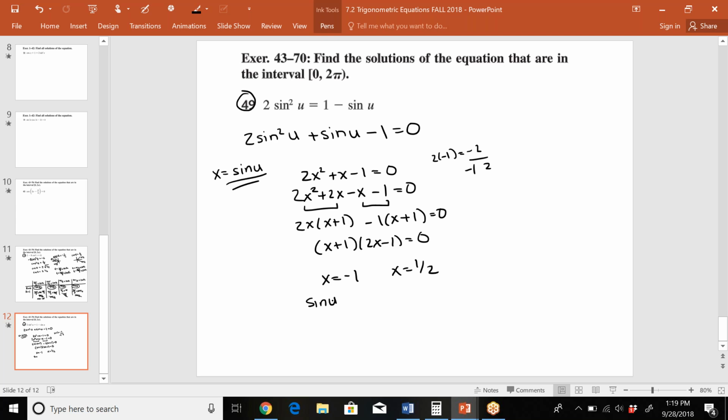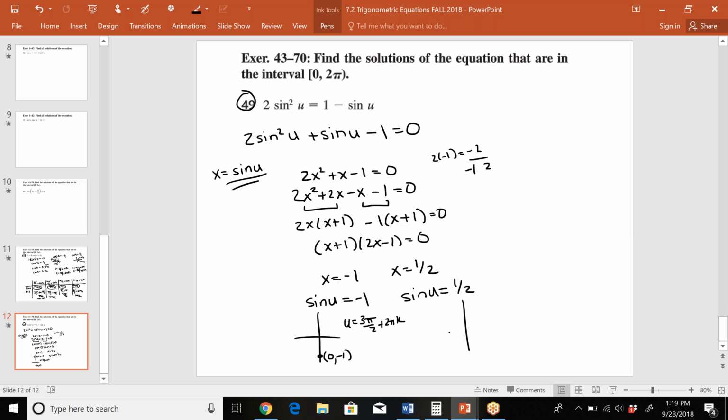So this is asking, when does sine of u equal negative 1, and when does sine of u, our angle, equal positive 1/2? So for sine to equal negative 1, you have to have a y value of negative 1. That only happens down here at 3 pi over 2. So remember, this would be u equals 3 pi over 2 plus 2 pi k.